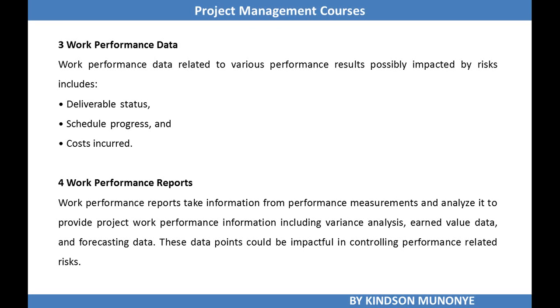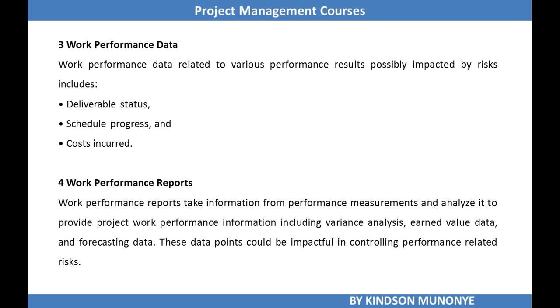Work performance data has to do with performance results, measurements of raw data from the field that has not been analyzed. For instance, status, progress, or percentage of progress, scheduled progress, costs incurred so far. All these are data that can be collected as the project moves on.